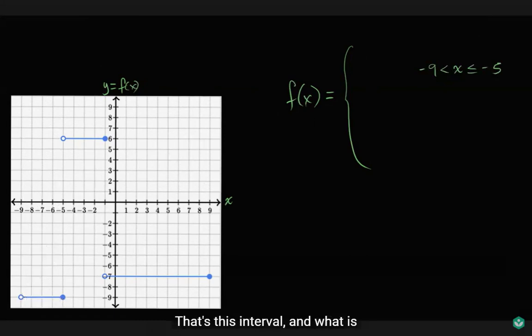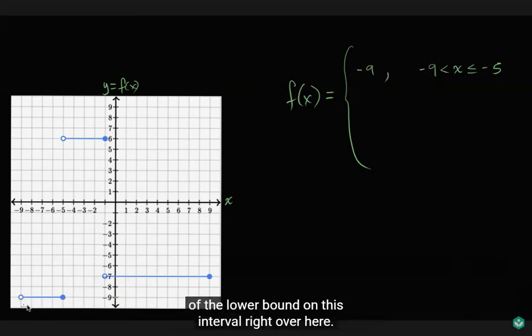That's this interval. And what is the value of the function over this interval? Well, we see the value of the function is -9, the constant -9 over that interval. It's a little confusing because the value of the function is actually also the value of the lower bound on this interval, right? And it's very important to look at that. This says -9 is less than x, not less than or equal. If it was less than or equal, then the function would have been defined at x equals -9, but it's not.